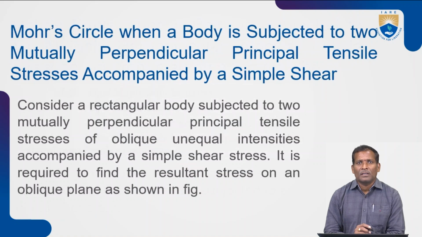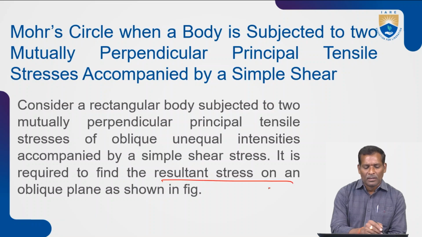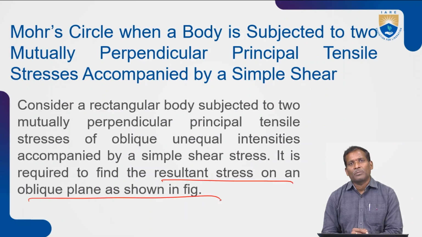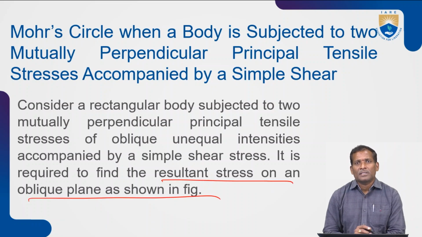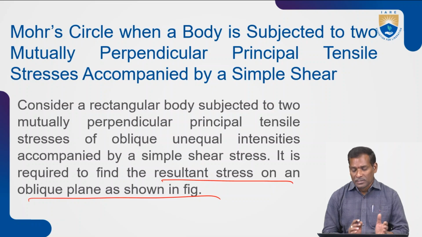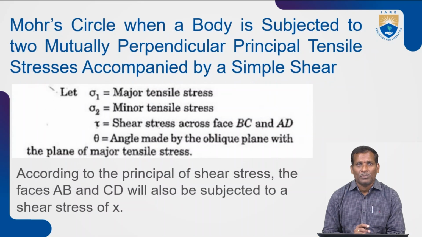So it is required to find the resultant stress on an oblique plane as shown in the figure. So here consider a rectangular body subjected to two mutually perpendicular principal tensile stresses of unequal intensities accompanied by simple shear. So now we will discuss.